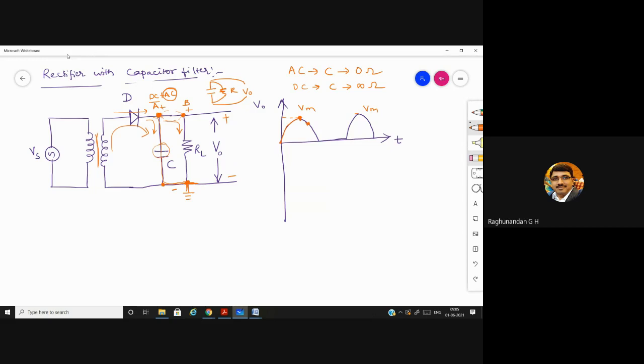It has already crossed, and the output is at this point. Is the capacitor at the highest voltage, or node A? Node A is having higher voltage.